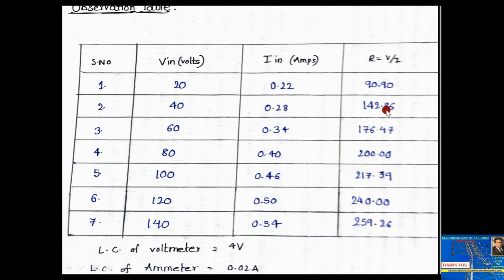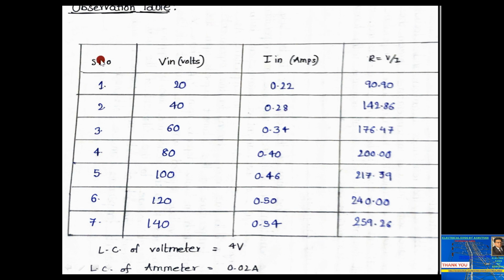Then you will have to draw the VI characteristics. So you have to take V on the x axis. Take voltage because this is the independent variable, and on the y axis take current. Okay, this is homework for you, so please draw how it will come out.